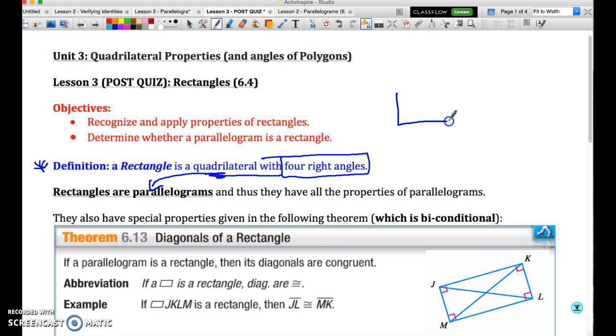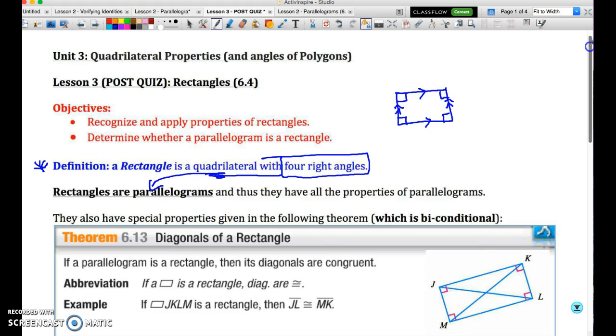Of course, we can demonstrate very quickly why this is true. Once we have four 90-degree angles, we of course have both pairs of opposite sides parallel, and by definition that makes it a parallelogram, and that in turn gives the figure all of the characteristics of a parallelogram.